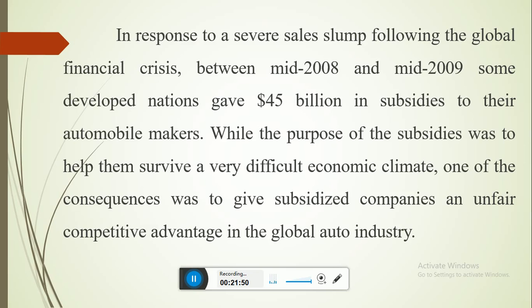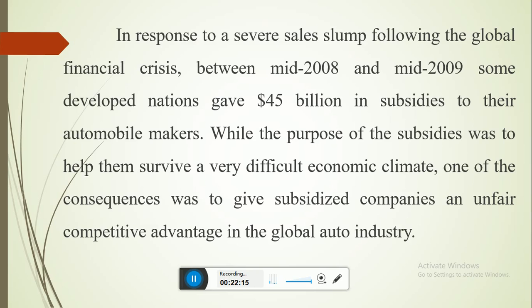So among the types of industries, the automobile industry was hit a lot by the financial crisis, because customers were not willing to buy new cars. They were just keeping their own old car, that's it, because no one was willing to take risk and buy new cars. Everyone was worried regarding their financial situation.